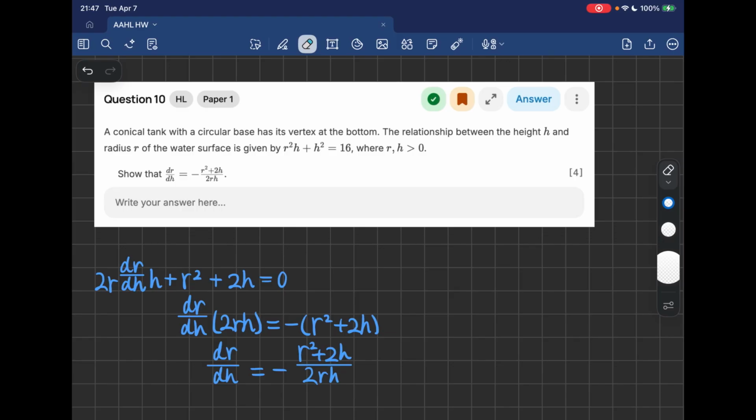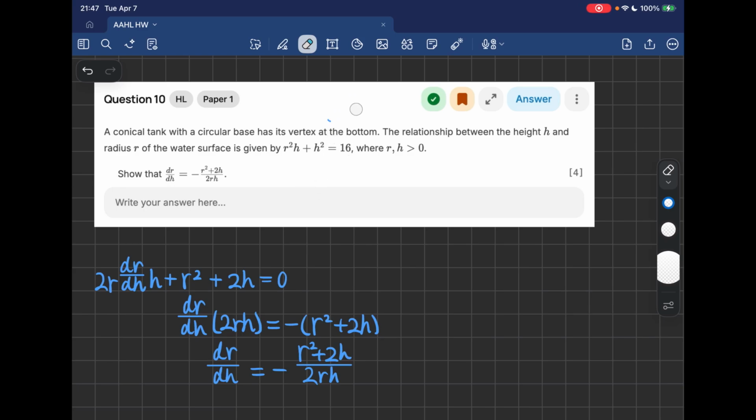So this one is a really quick implicit differentiation, and it's also for an inverted conical tank. We're just implicitly differentiating this with dr over dh.